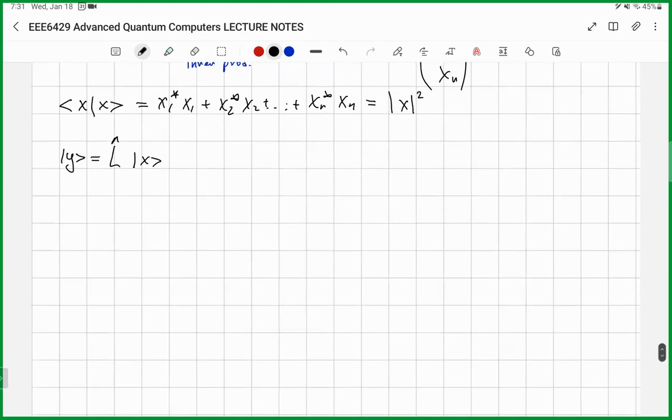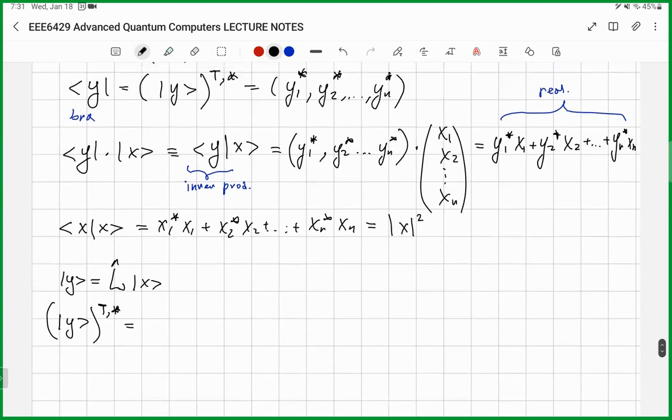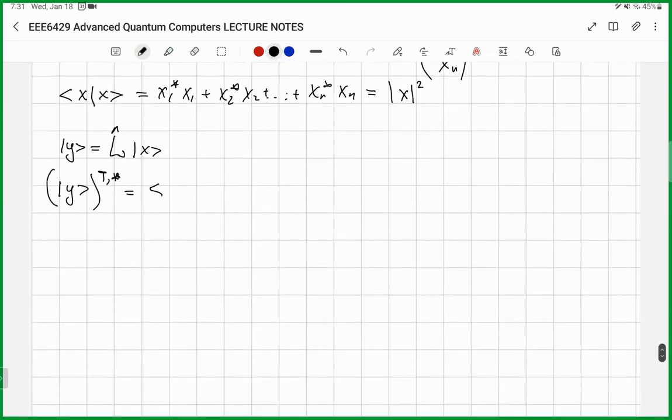All right. So now let's take the transposition and complex conjugation of this vector. Transposition and complex conjugation gives me the bra vector, so it simply equals y bra.